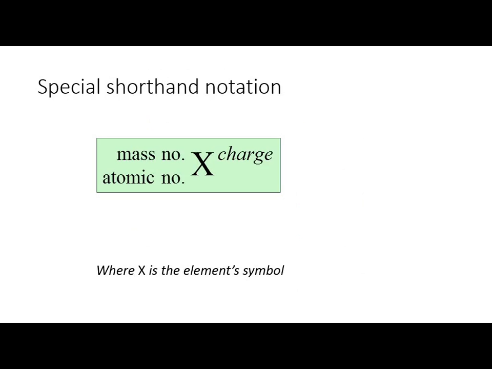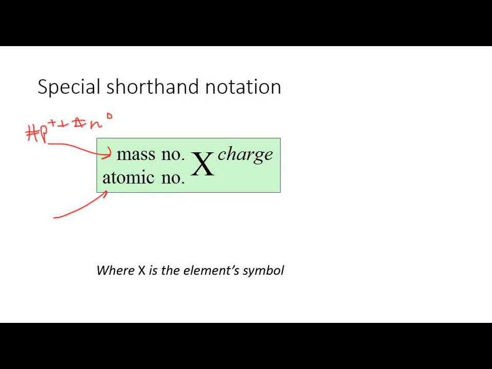So usually, in a shorthand, what helps is to tell all at once which isotopic form it is. Remember, to tell what isotopic form it is, we need to say its mass number, which is the number of protons plus the number of neutrons.